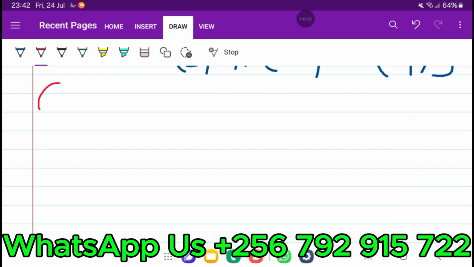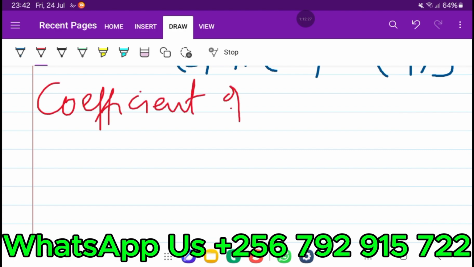So the coefficient of variation, we have said that it measures the spread as well.